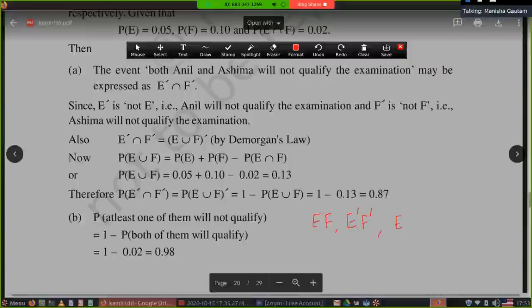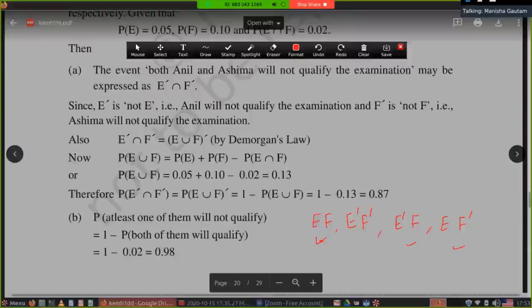E does not qualify the exam, but F qualifies the exam. E qualifies the exam, F does not qualify the exam. Here, at least one of them will qualify means these three cases you want to calculate. At least one of them will not qualify.